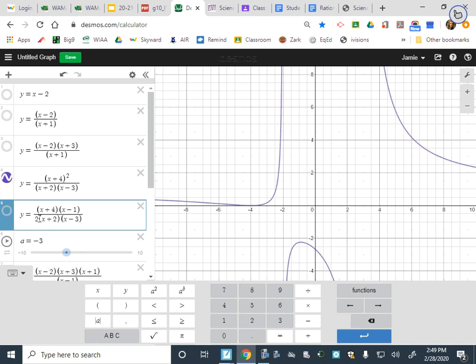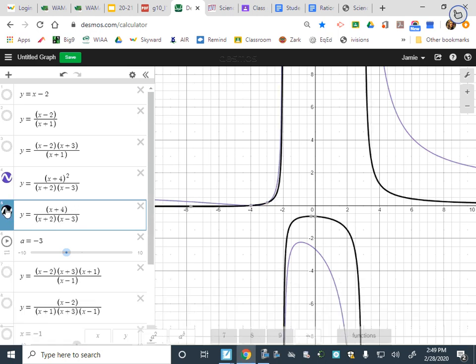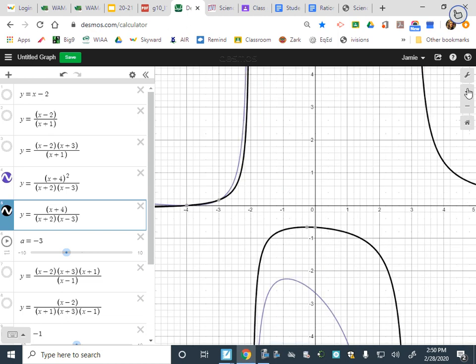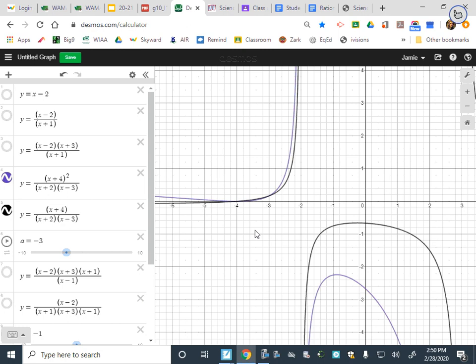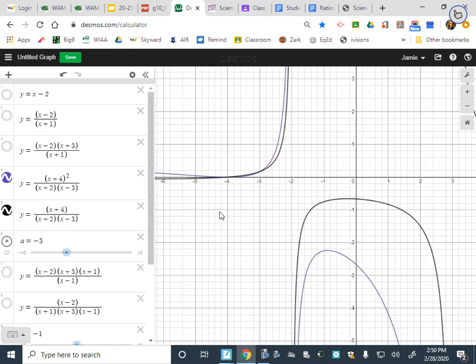Okay, I'm going to modify one here and take this extra term off. Okay. So the black graph has just x plus 4, and I need to zoom in here a little bit so we can see what's happening. The purple graph is x plus 4 squared.